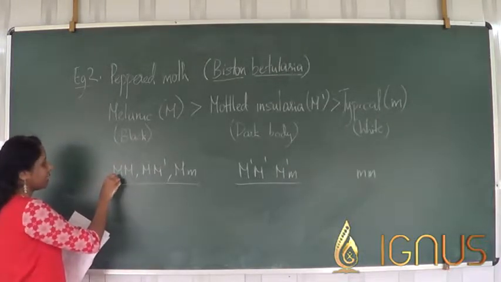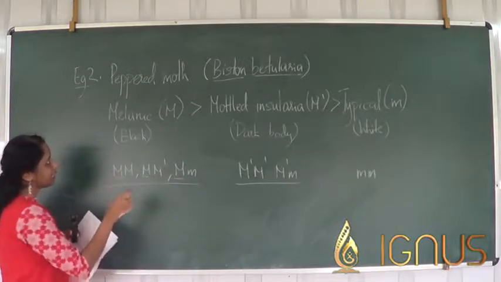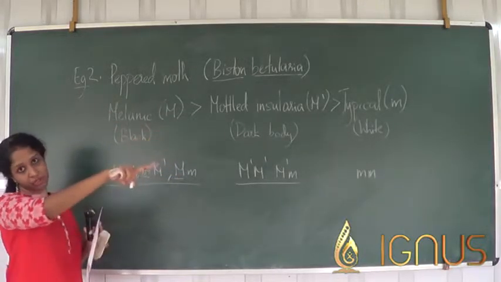So only the melanic allele would get expressed, because like I said, melanic is dominant over the other two.